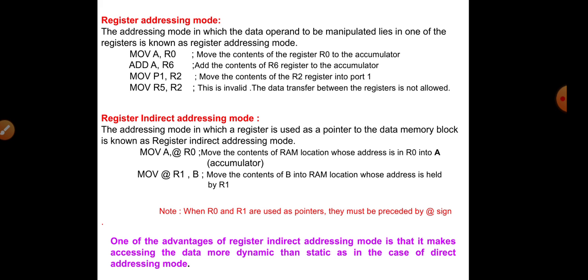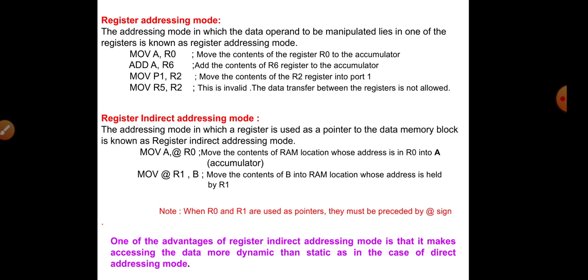For example, MOV A, @R0. The symbol @ indicates it is an indirect addressing mode. Move the content of the RAM location whose address is in register R0. Now the content of R0 is treated as an address, and the content of internal RAM whose address is in R0 is copied to the accumulator.